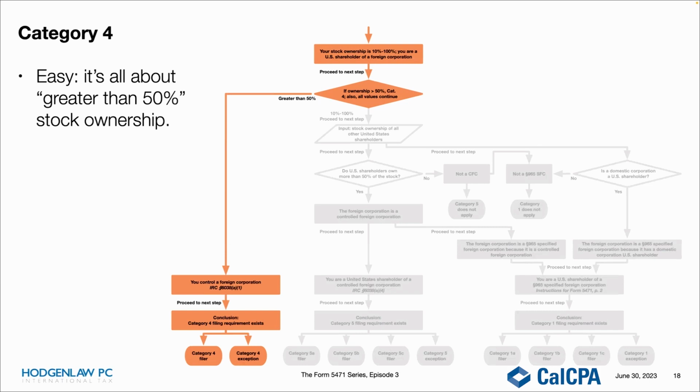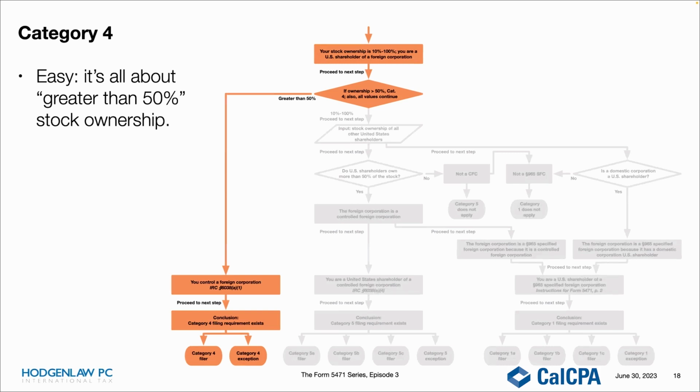Now you can start to see how my messy flowchart sorts itself out, and it actually works kind of simply. So the orange one is category 4. We start with the stock ownership percentage of between 10 and 100% because we just did that. And we know that you're a United States shareholder of a foreign corporation. Now we go down to the first question. How much stock do you actually own?